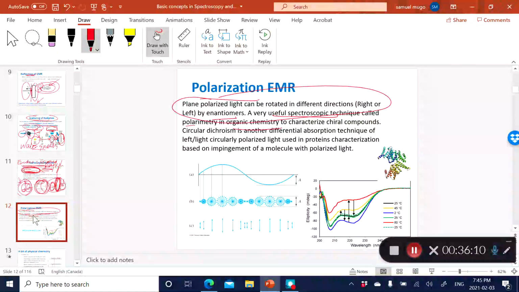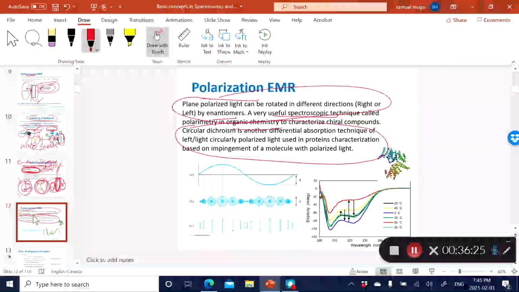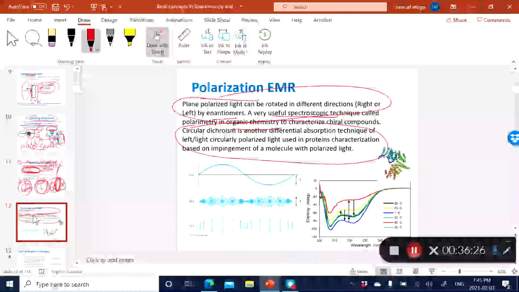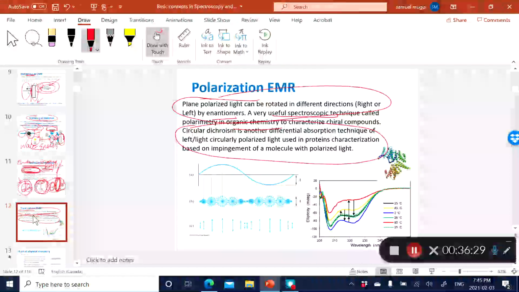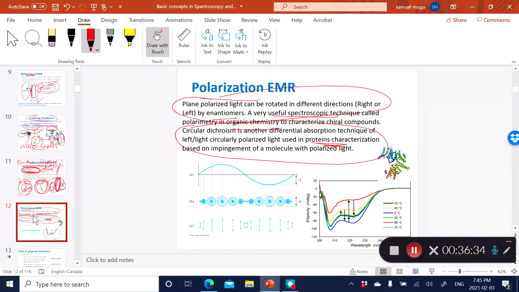Now, polarization is also very common in a technique that's not too different from polarimetry, called circular dichroism. And this is where you actually measure the differential absorption of left or right circularly polarized light as they impinge on a protein. So you can see some proteins typically have chirality in them. And so depending on the direction at which they rotate the light, you can actually differentiate different types of proteins.